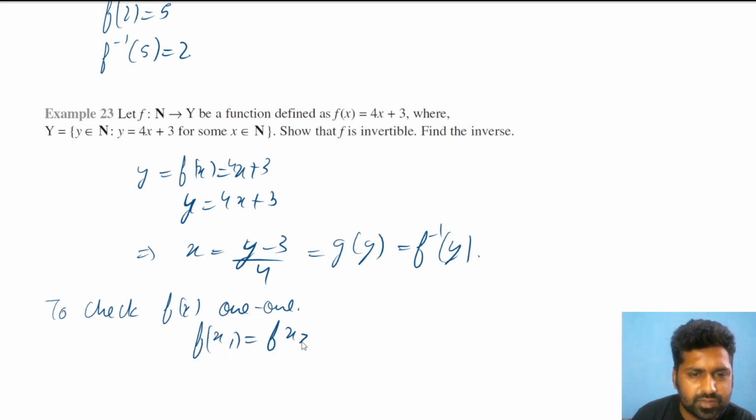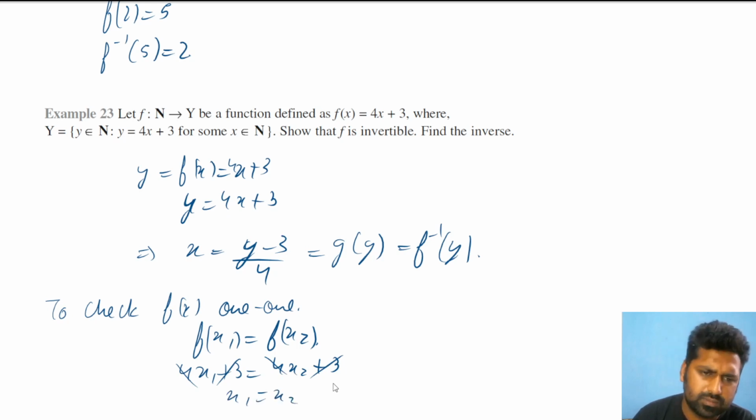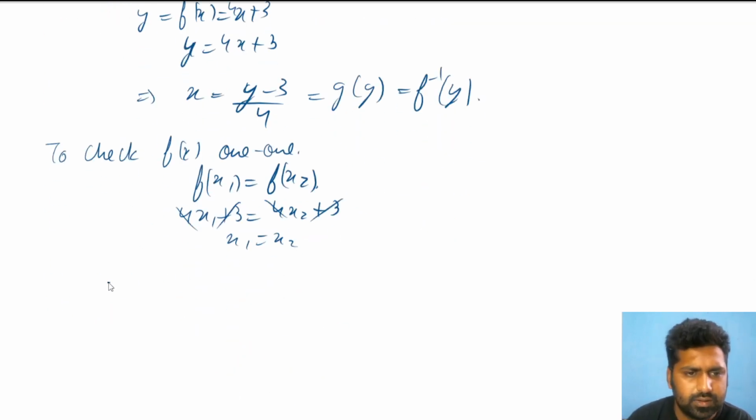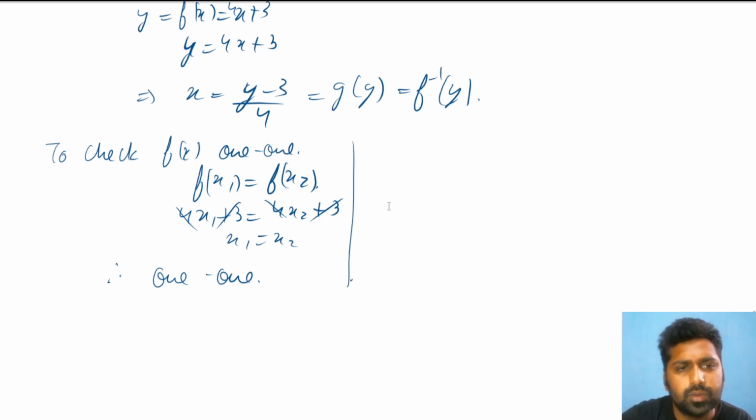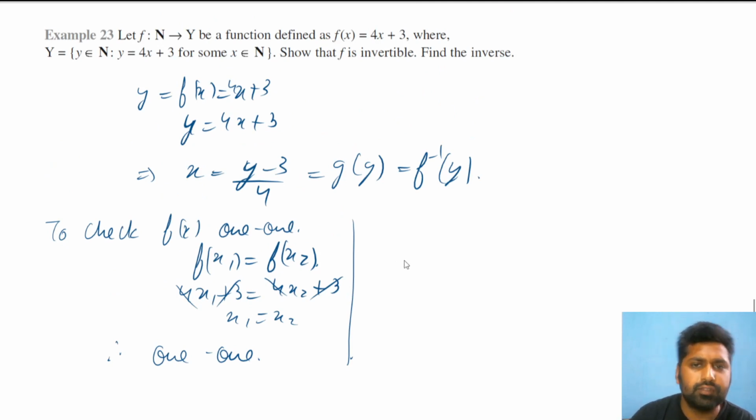If it generates x1 equal to x2, it's 1-1. So 4x1 plus 3 is equal to 4x2 plus 3. 3 cancels, then 4 also cancels, x1 equal to x2, yes, 1-1.